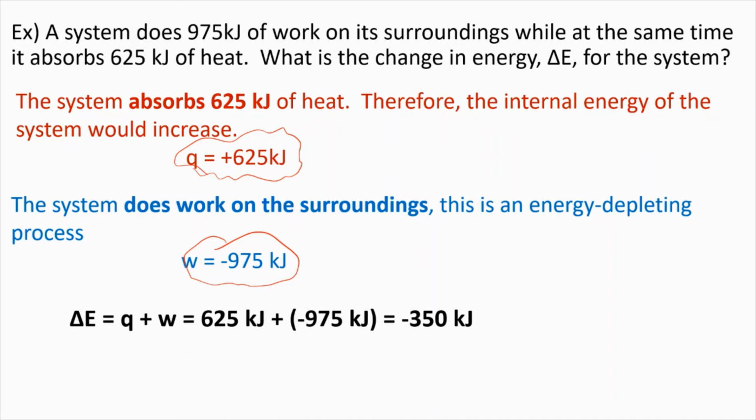So my change in energy is Q plus W. Plugging in my values, positive 625 and negative 975, overall I end up with 350 kilojoules, and that is a negative value. So overall, I have a negative change in energy.